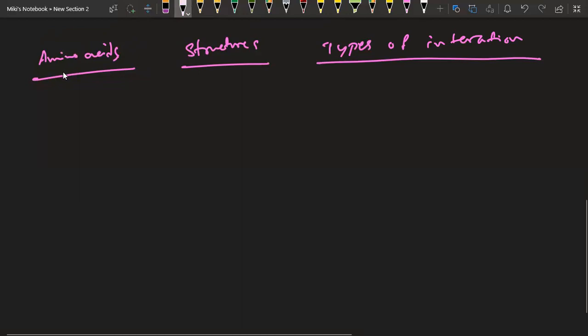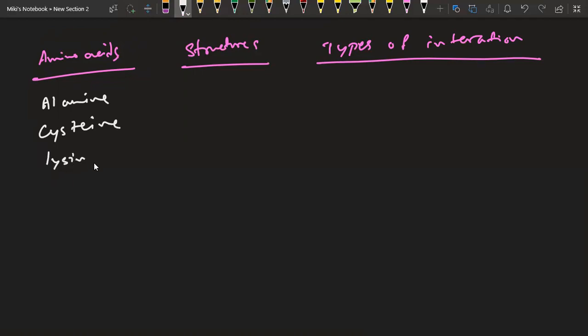So we have, let's say, alanine, then we have cysteine, then lysine, finally serine. Now you are asked to draw the structure as well as the types of interaction.